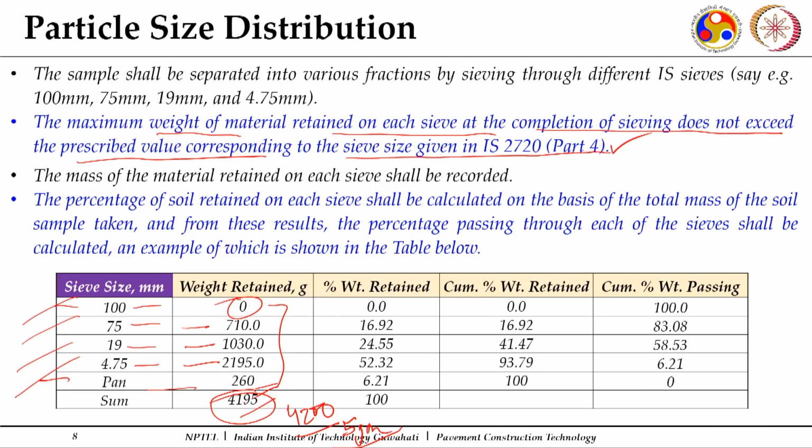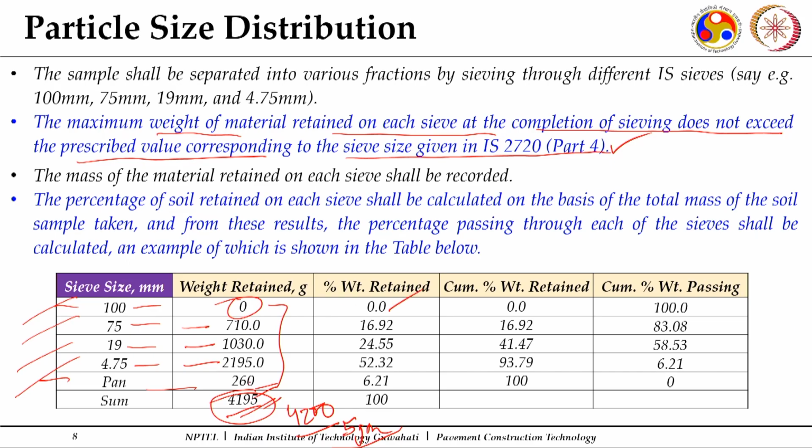But still chances are there that some discrepancy will be there, especially between the total quantity of material you have taken and what finally comes on the individual sieves. So for my consideration I will take what is present on the different sieves. Now, with respect to this 4195, I can work out how much percentage retained is there.